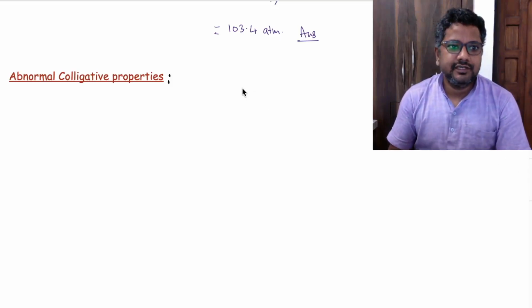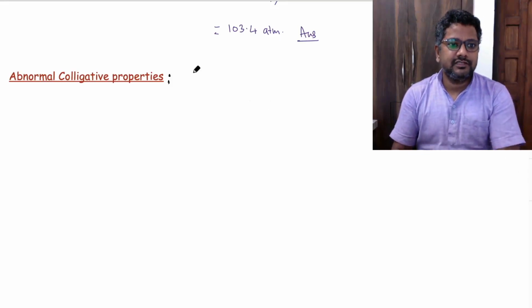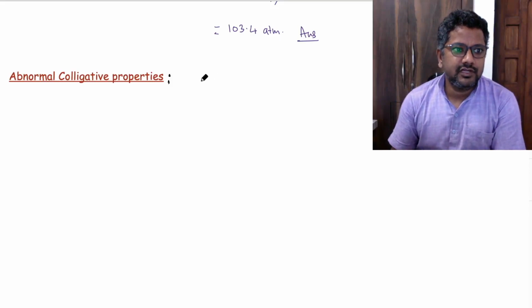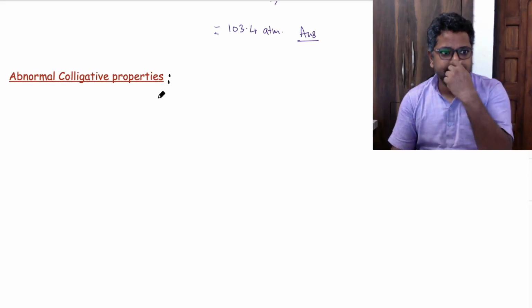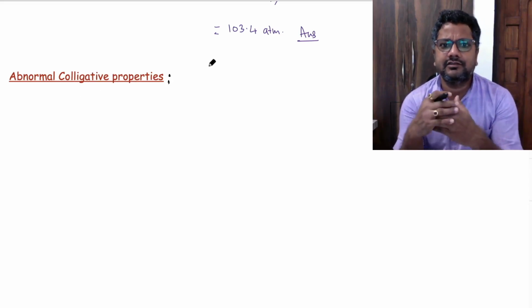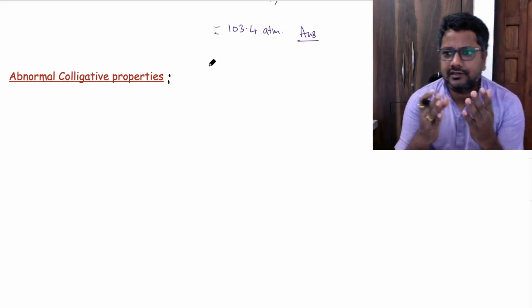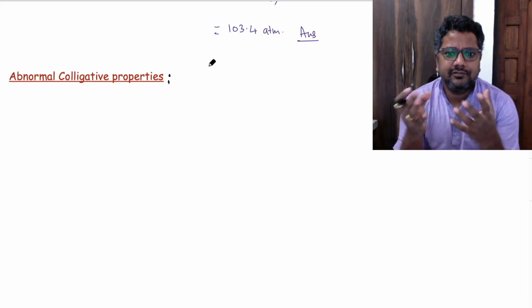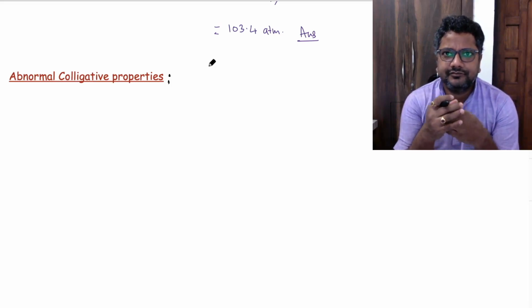Okay. This is your last lecture of this solution and colligative properties, so this is the second last topic: abnormal colligative properties. Colligative properties depend on what, the number of solute particles.